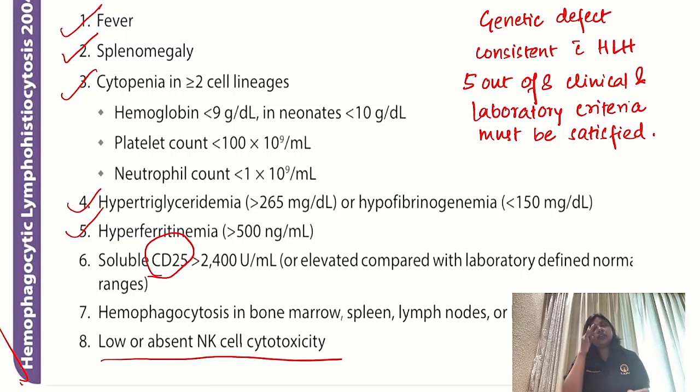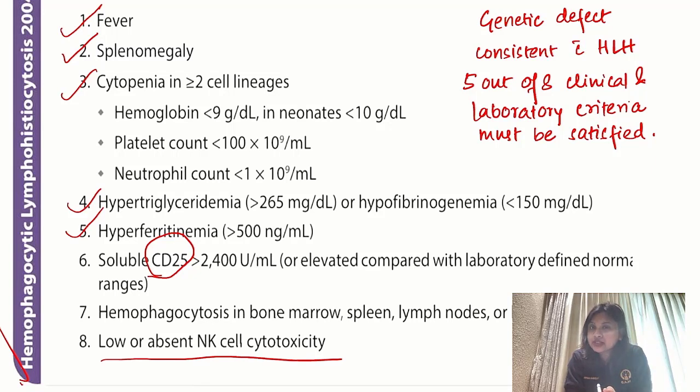So what are the clinical findings that you can get in case of hemophagocytic lymphohistiocytosis? You are going to get fever, you are going to get splenomegaly, there can be pallor, there can be bleeding tendencies with recurrent infections. And if you do a bone marrow, you can find the hemophagocytes. What laboratory markers you're going to find? You're going to find cytopenia in all lineages. Triglycerides are going to be more.